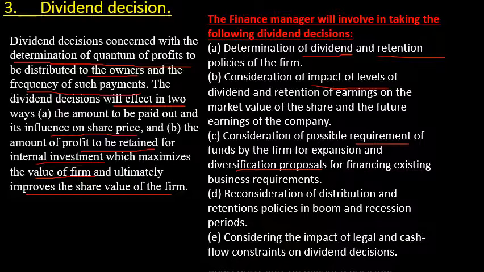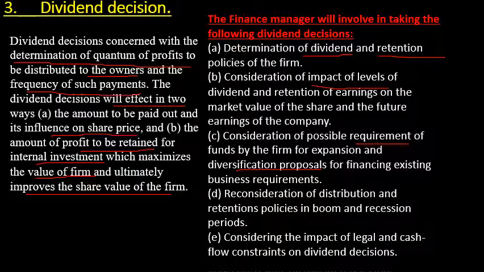Only some part of the profit can be declared as a dividend, and the remaining they can retain for future expansion. So it has to be considered whether they have any financial problem, financial requirements, or any future project or proposals, then they can retain the profit without declaring the dividend.